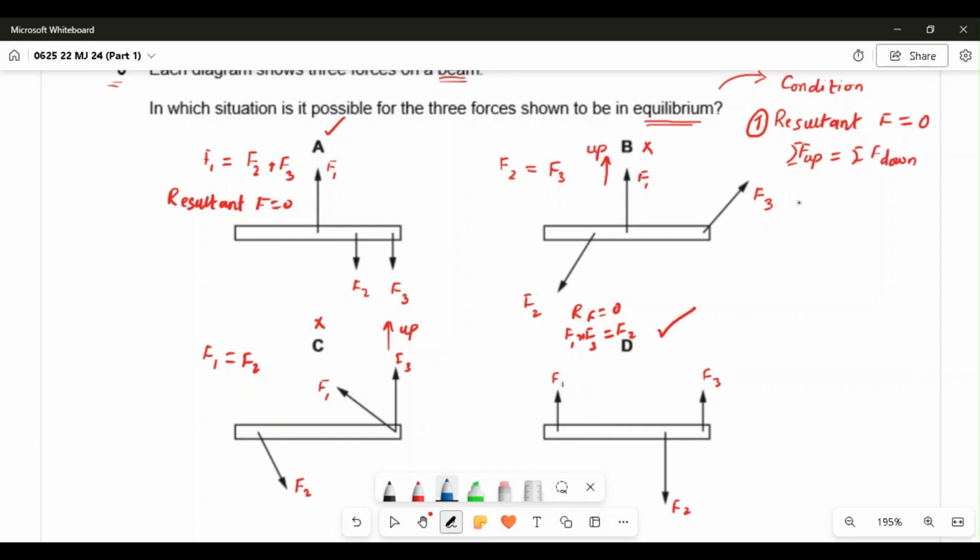But when I move to the second condition of equilibrium, the second condition says the resultant moment is equal to 0. Resultant moment is 0 can be explained like the clockwise moment should be equal to the anti-clockwise moment.